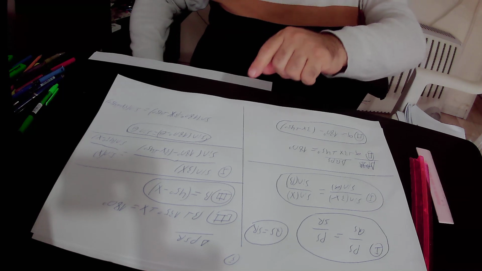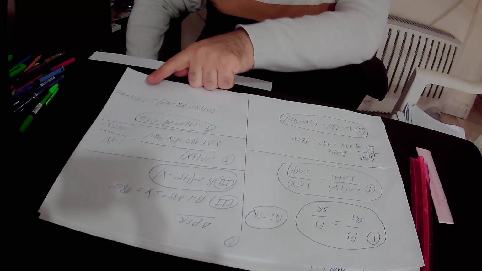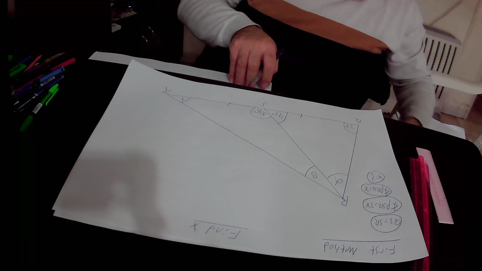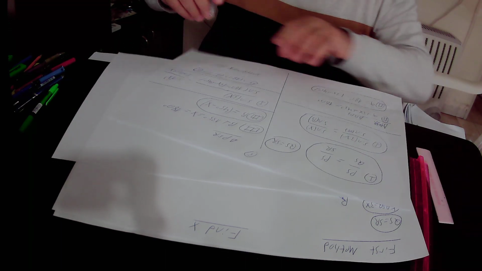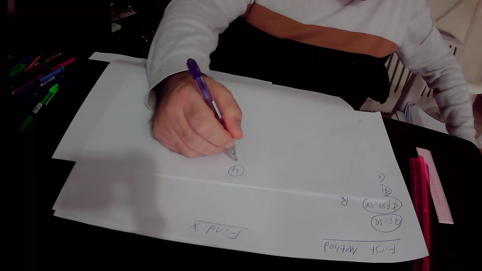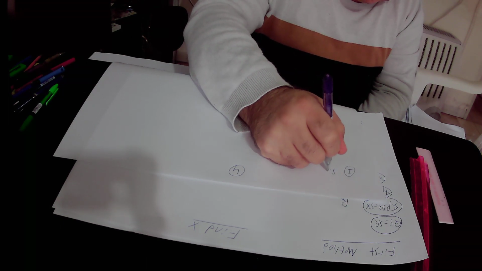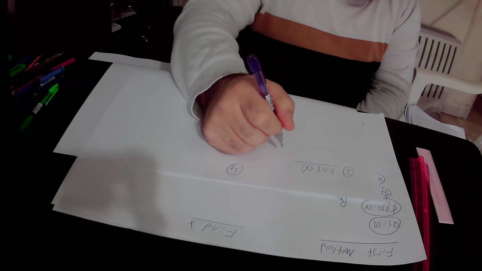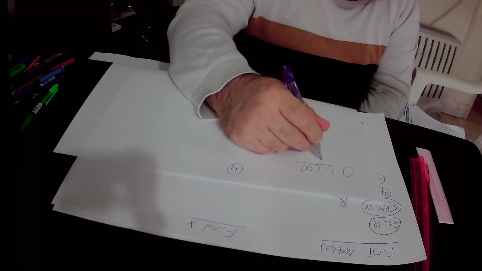So we will replace this expression by sine of (3x plus 45 degrees) in equation number 1, and we will get that, according to equation number 1, sine 3x over sine of (180 degrees minus (3x plus 45 degrees)) equals sine of (3x plus 45 degrees). So I write it down.